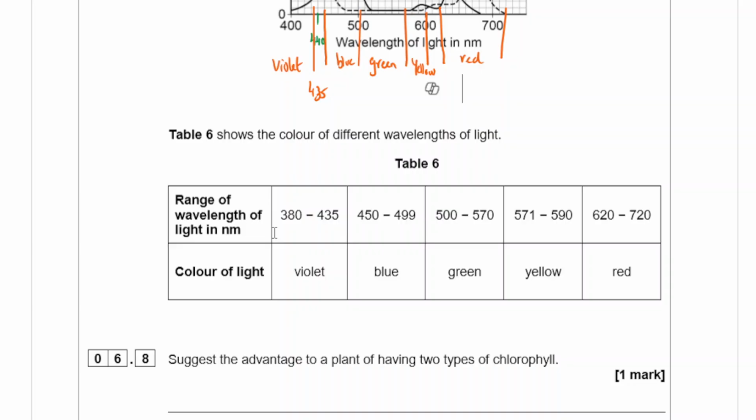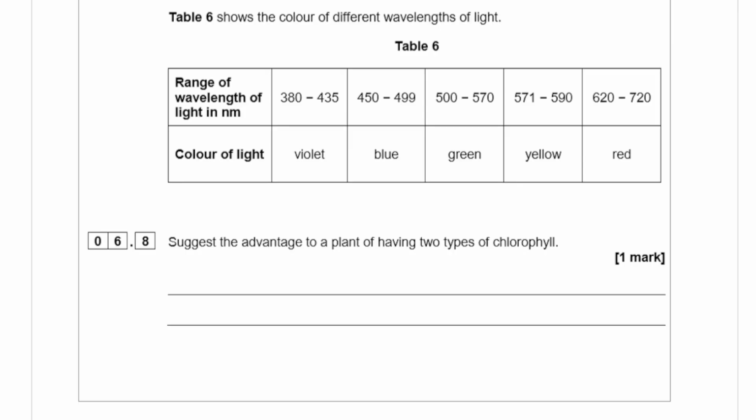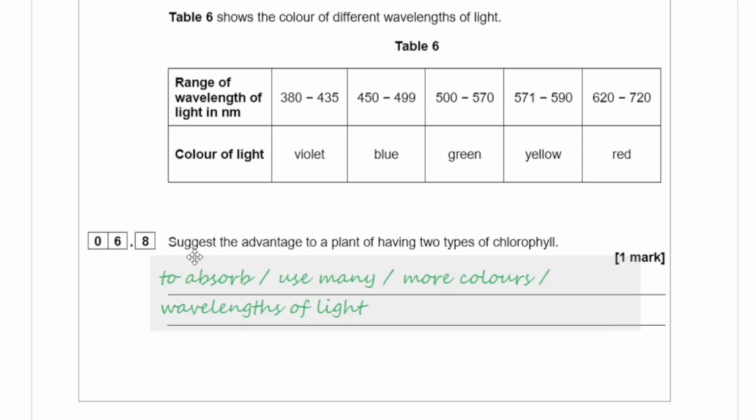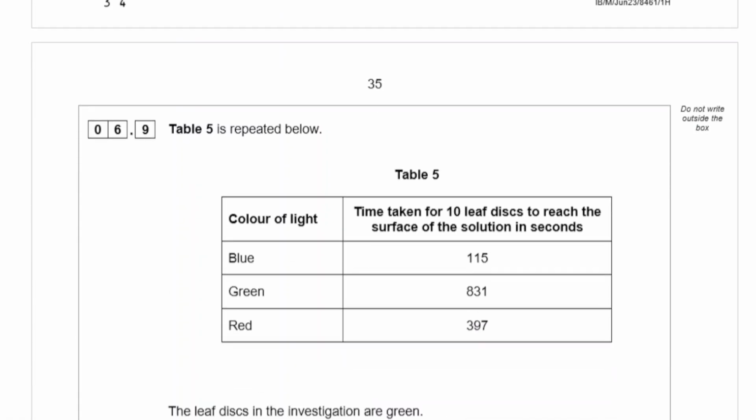So it is trying to maximize the amount of photosynthesis a plant can do. So having two types of chlorophyll will maximize it, so it can absorb many colors of wavelengths of light rather than just one.